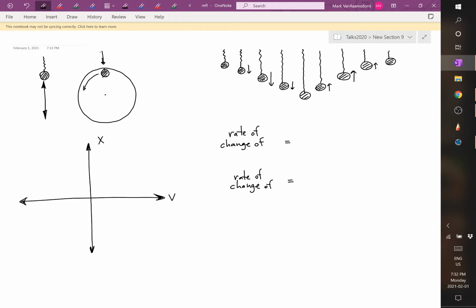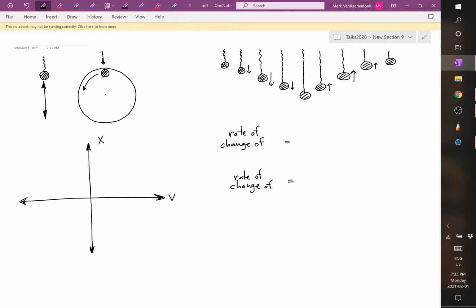So the thing that I want to do is just imagine making a plot of the position of our object on the y-axis. So that shows the up and down motion. But then I'm going to add an x-axis, and what I'm going to plot on the x-axis is the velocity of our object. Okay.